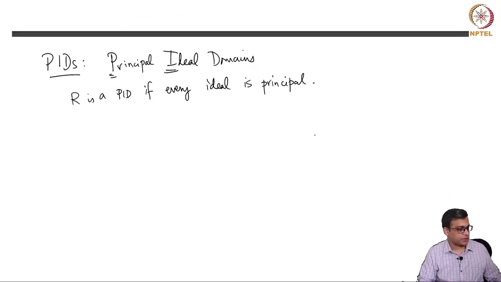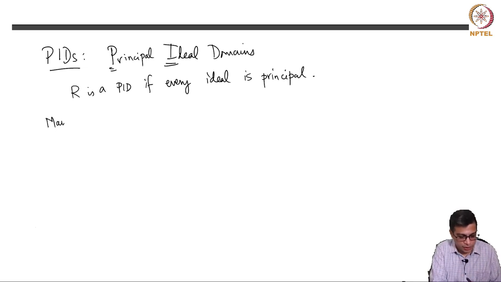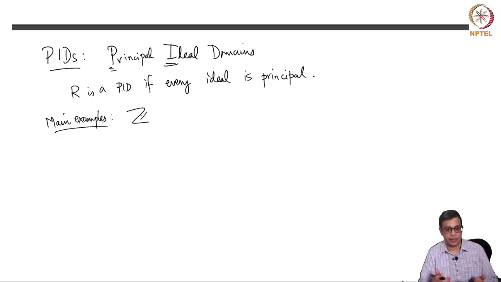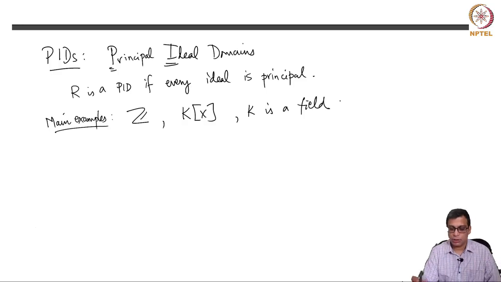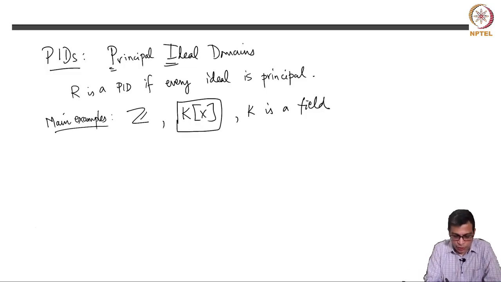These are very special classes of rings, and the main examples for us are Z, and this is again Euclidean division. You take an ideal in Z, it must be generated by the least positive integer in that ideal. Similarly, K[x], where K is a field. A field is automatically a PID because a field has only two ideals, the unit ideal and the zero ideal. But the more important example is polynomial rings in one variable over a field.